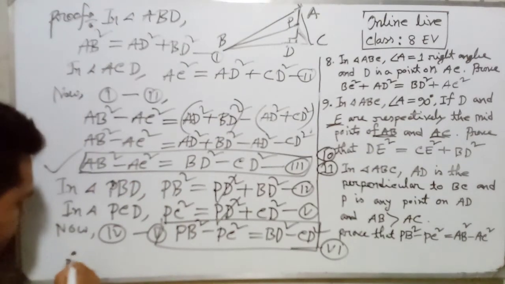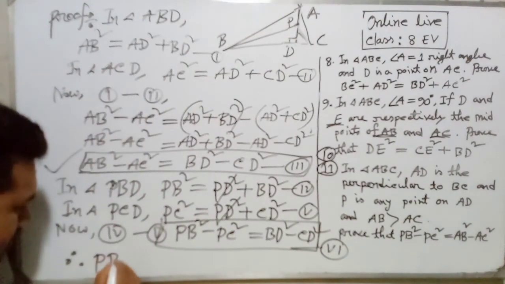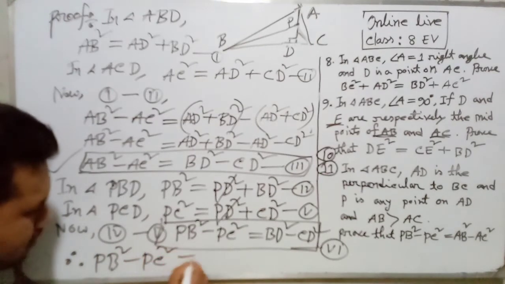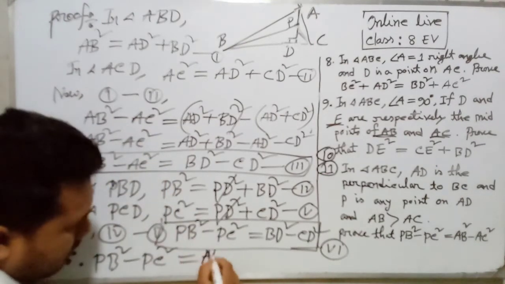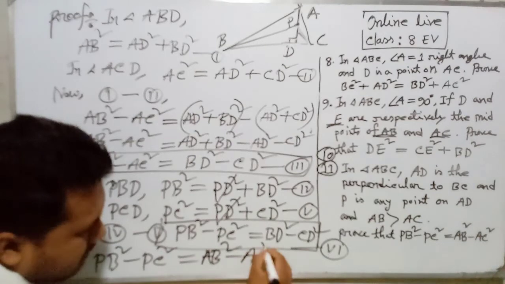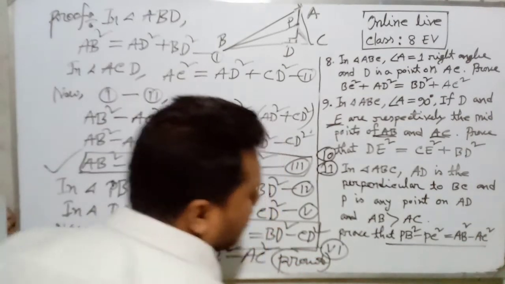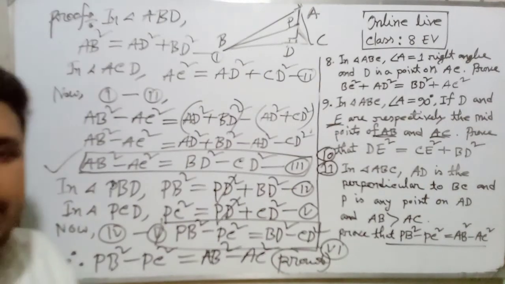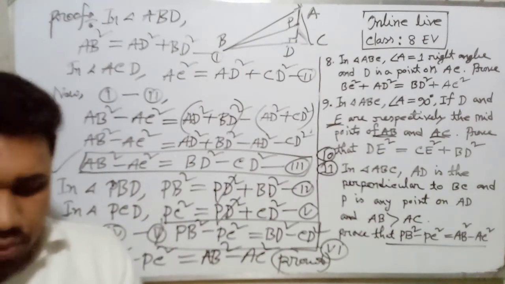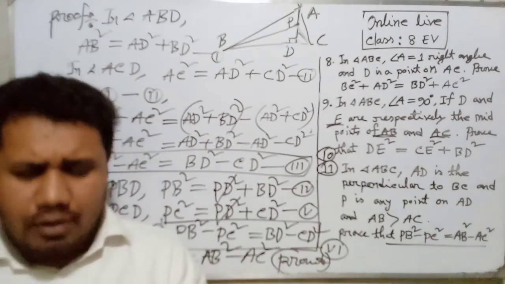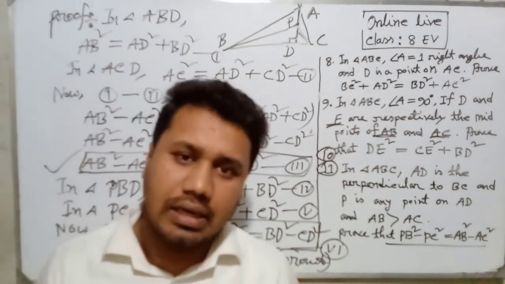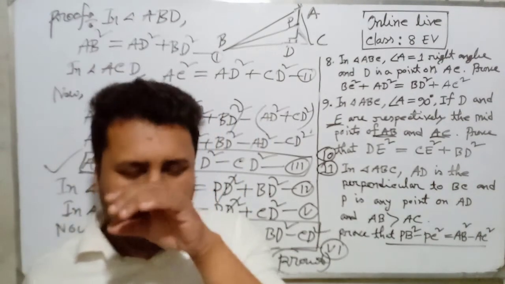Therefore we can write PB square minus PC square will be equal to AB square minus AC square. Dear students, look, this is our proof part. So we can say our problems number 8, 9, 10 and 11 are also solved.